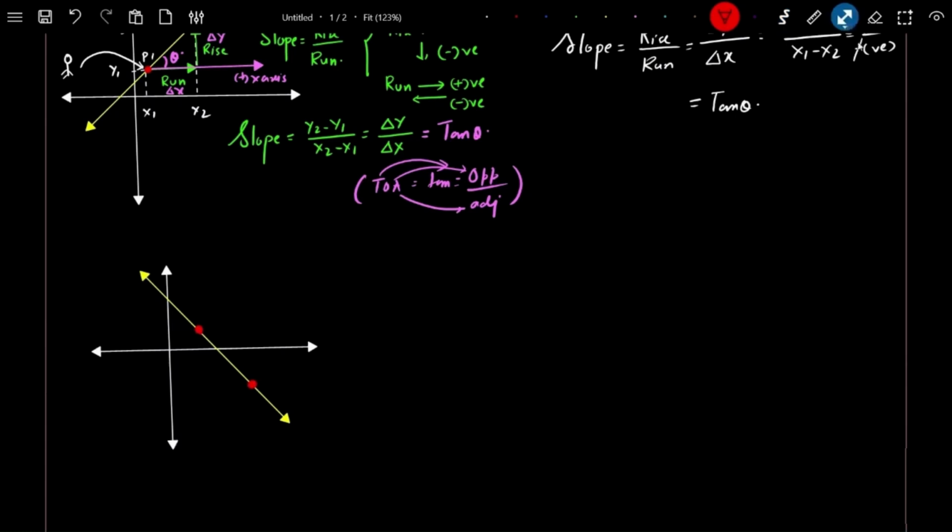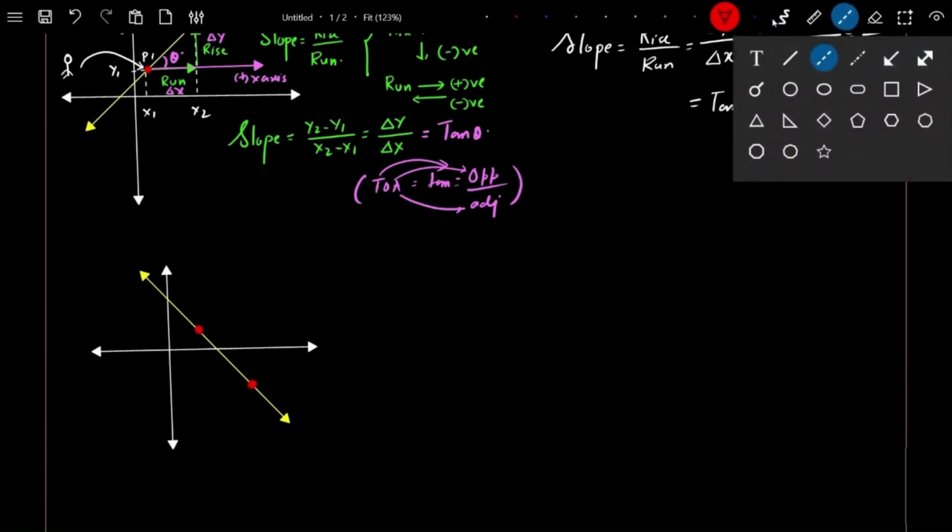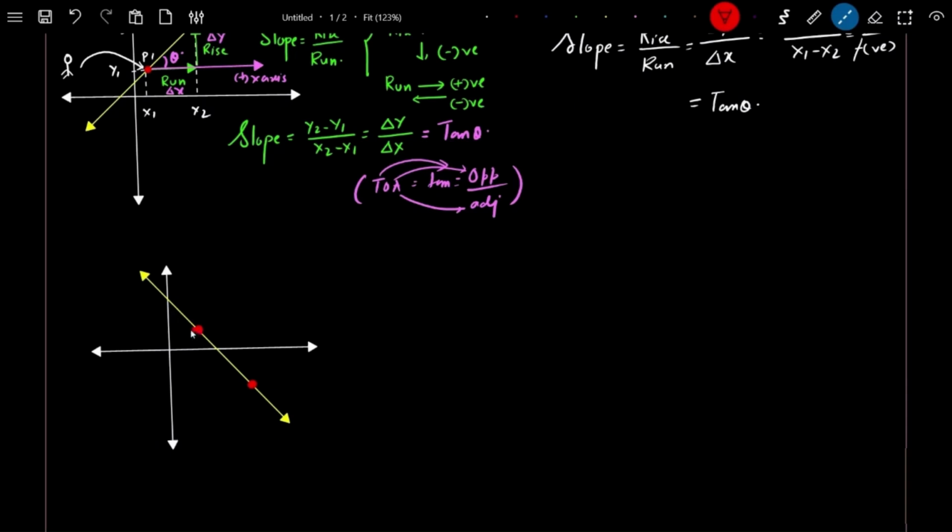Okay, and let me mark their coordinates. So let this be one, let this be the other. So I have x1, y1, x2, y2.